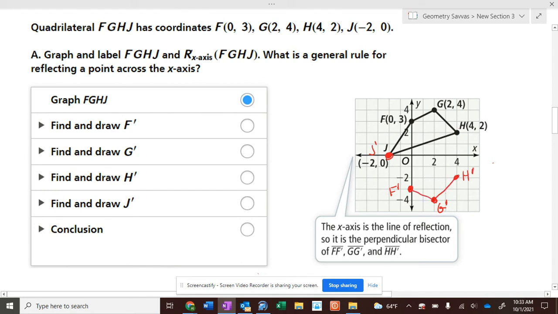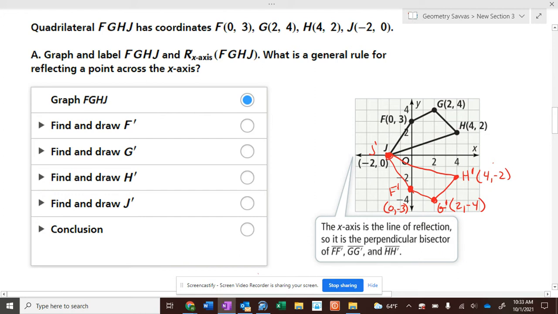Now, if we look at this, okay? Looking at this point to this point, what's different? The y value has an opposite sign.